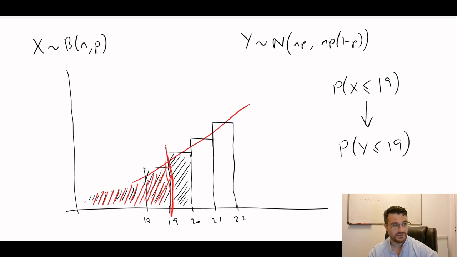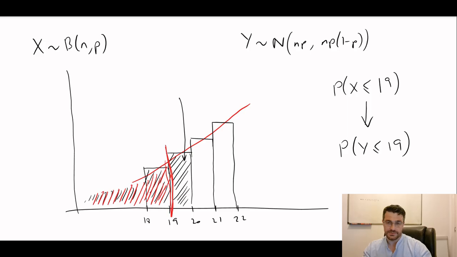But then we've got this big old rectangle here that seems to have been missed off. So how can we compensate for that? Well, this is where the continuity correction comes in. Think about when you round numbers. In a discrete distribution, you can't have any outcomes between 19 and 20.